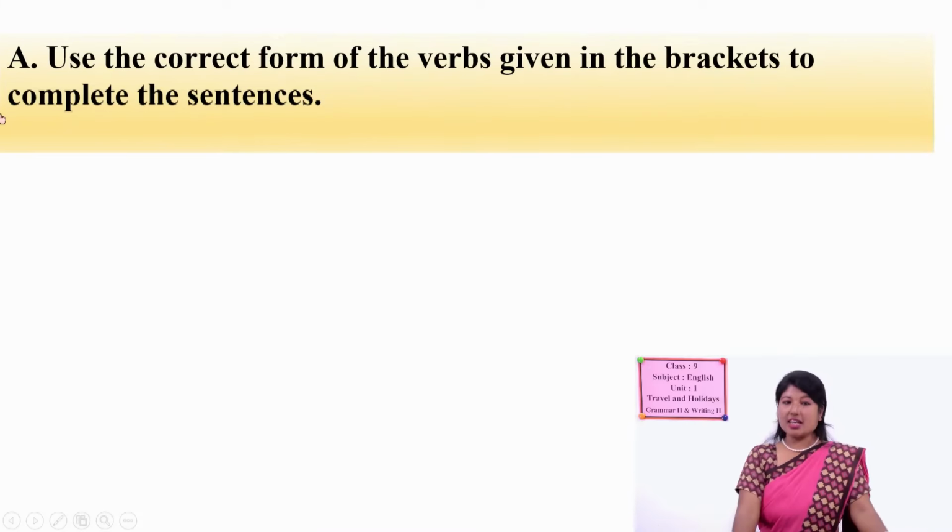Exercise A. Use the correct form of the verbs given in the brackets to complete the sentences. So we have to complete sentences and put the correct form of verbs which are given in the brackets. Are you ready? Here is the first question.